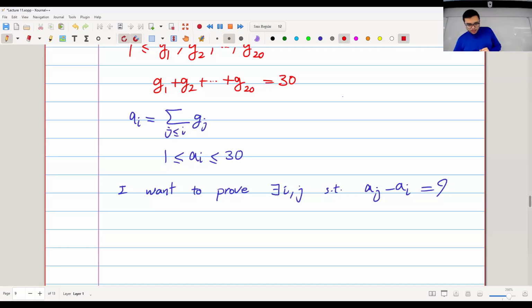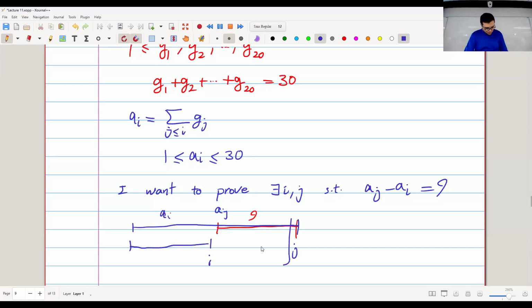So again, consider my games. If I have a consecutive sequence of games in which I have scored 9, I can just look at game 1 up until the end of here, and I can say this is index j, so I have scored Aj goals here. And then I can say this one is index i, so I have scored Ai goals here.